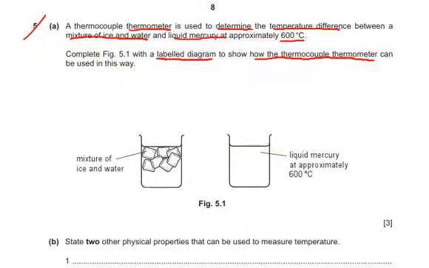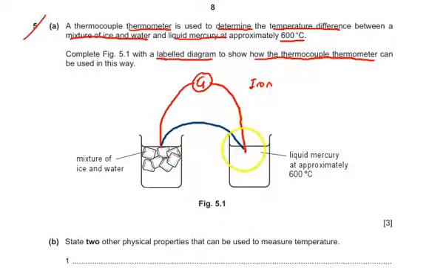So we have to draw here. You can draw the galvanometer, then you have one metal each, normally iron and copper. The copper we can fuse over here and here. These two parts we call a junction.